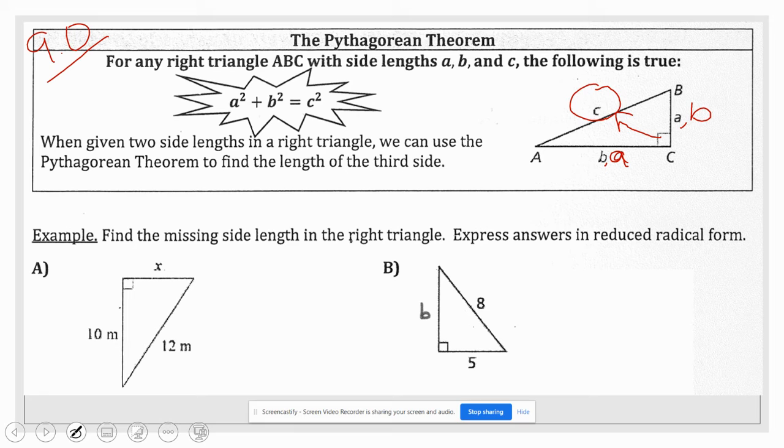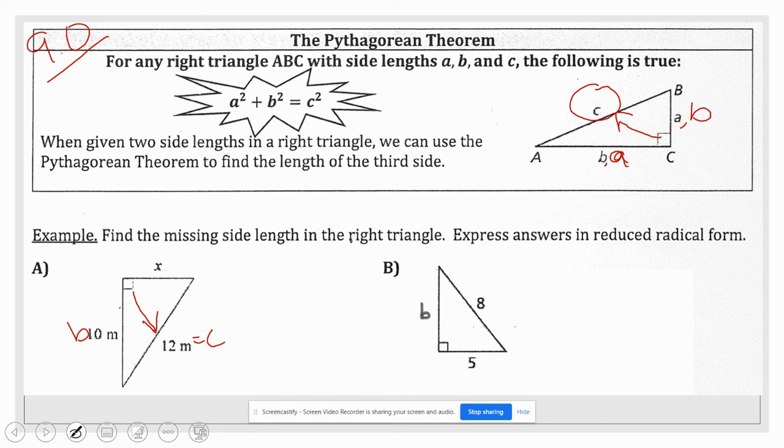If I'm looking at example A, we have 12 as being the longest side opposite the right angle. So that means that 10 is either A or B, and X is what we're looking for.